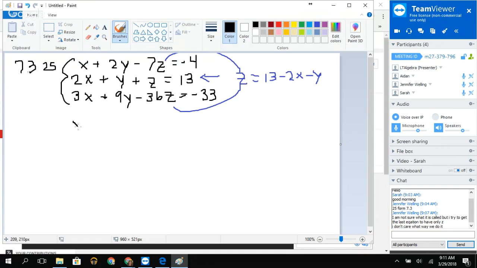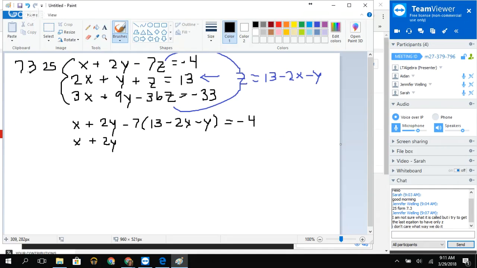So we have x plus 2y minus 7, and then instead of z, we're going to put 13 minus 2x minus y, and that equals -4. So then we're just going to simplify this, right? So x plus 2y, 13 times 7.